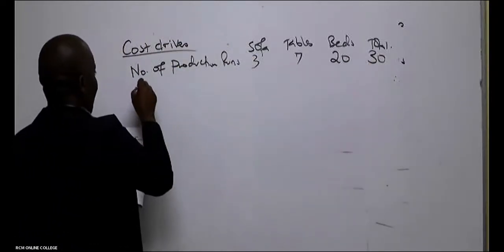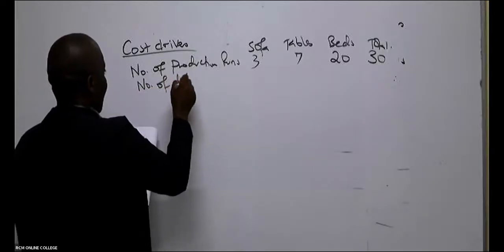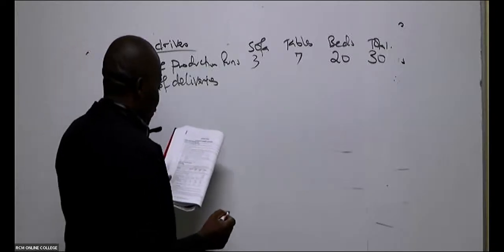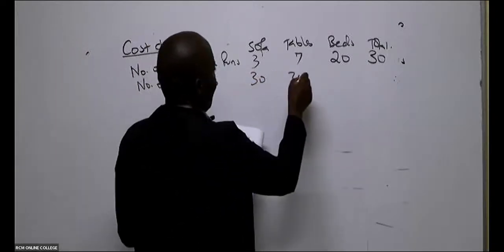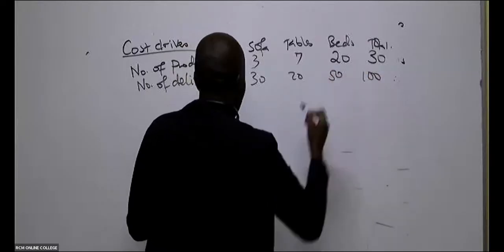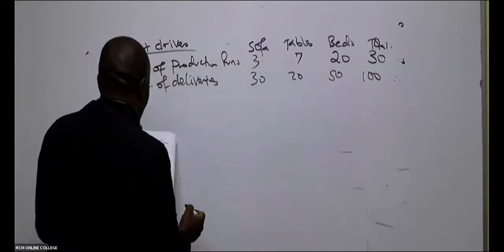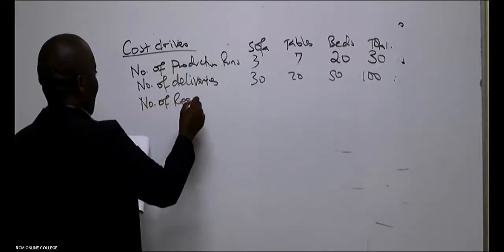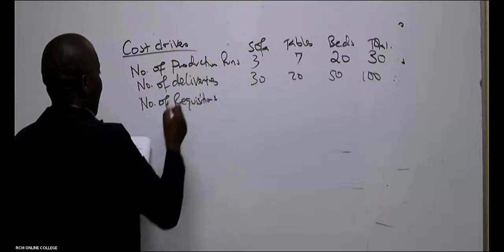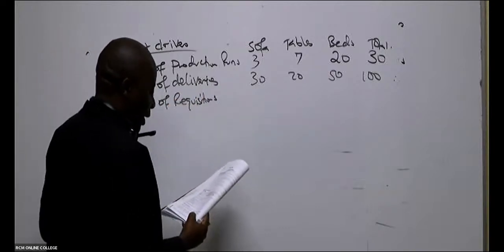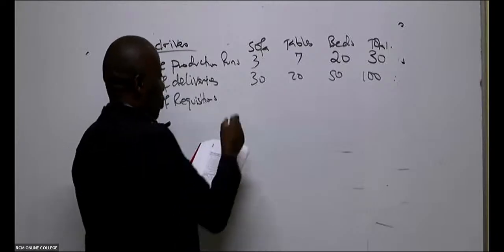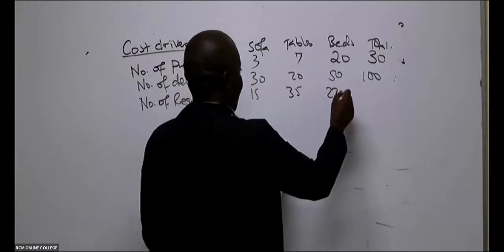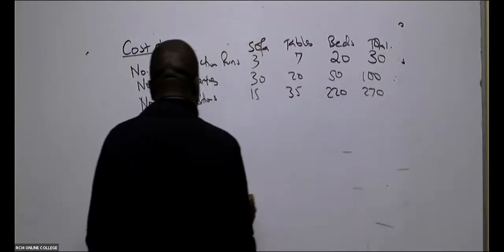Then we have number of deliveries. Number of deliveries: we have 30, 20, 50, giving us 100. Then we have number of requisitions: 15, 35, 20, giving us 270.